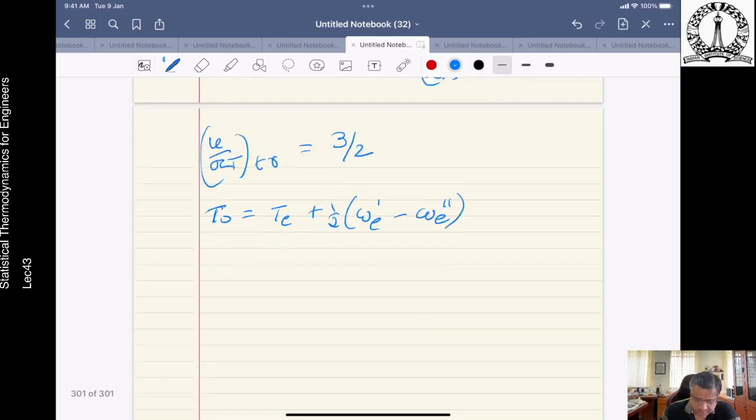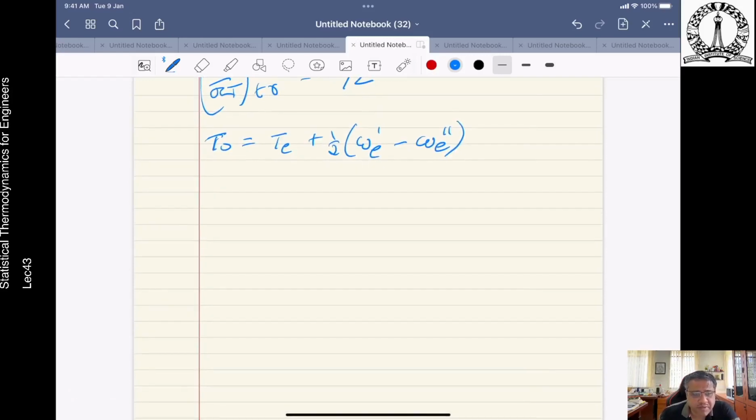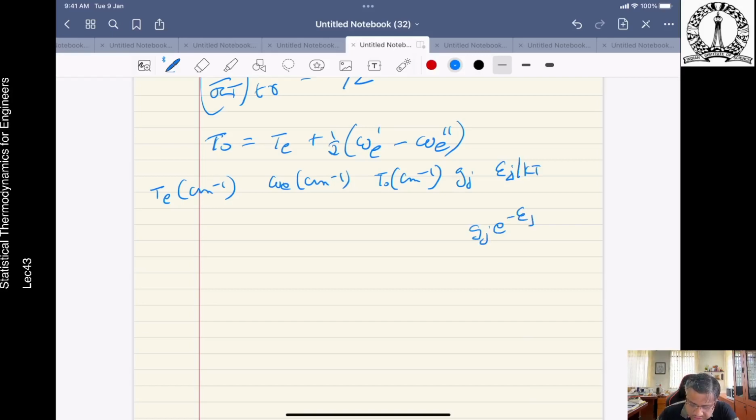If we now look at a sample table, we have Te in centimeter inverse, omega e in centimeter inverse, T naught in centimeter inverse, gj, then ej by kT, then gj into ej by kT, and then gj into ej by kT into exponential of minus ej by kT.